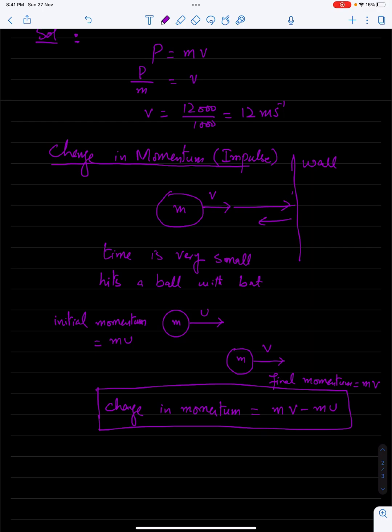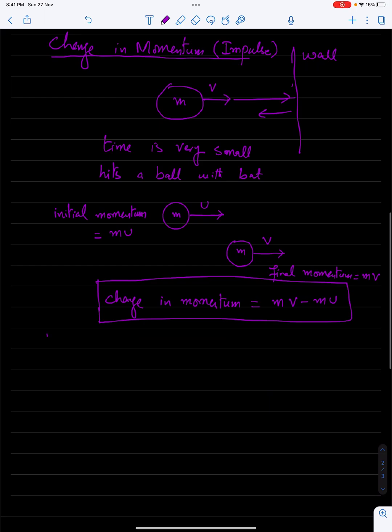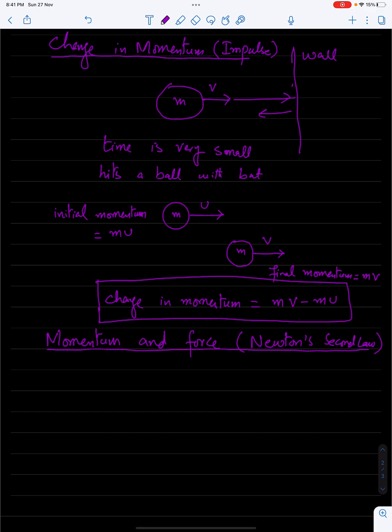right? Now let's move to another very important topic, which is momentum and force. It can also be regarded as momentum and Newton's second law. Newton's second law is basically that law which defines the force. So that's why this topic relates momentum with the second law of motion. Very important topic.